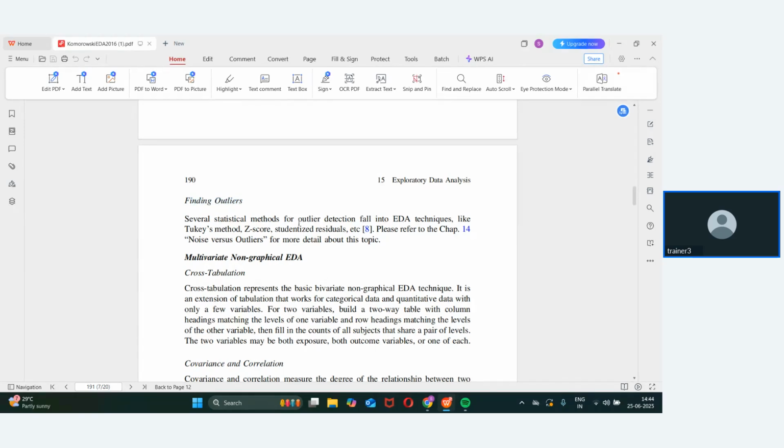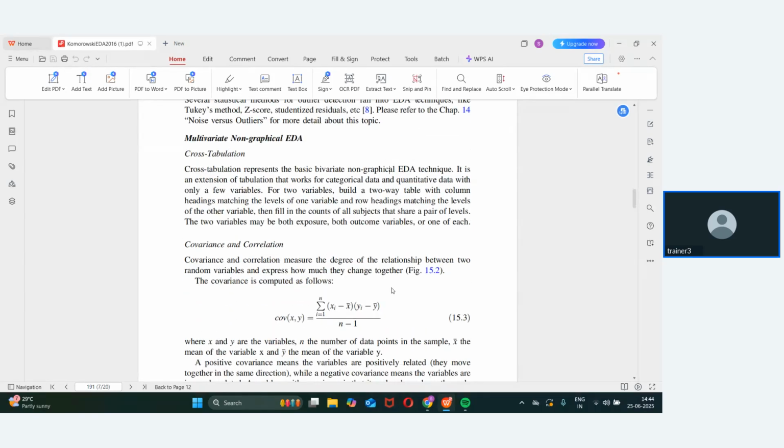Several statistical methods for outlier detection fall into EDA techniques. These are the various methods that are used to identify the outliers. What are they? Calculating the Z score, and then calculating the residuals, noise versus outliers, and etc.